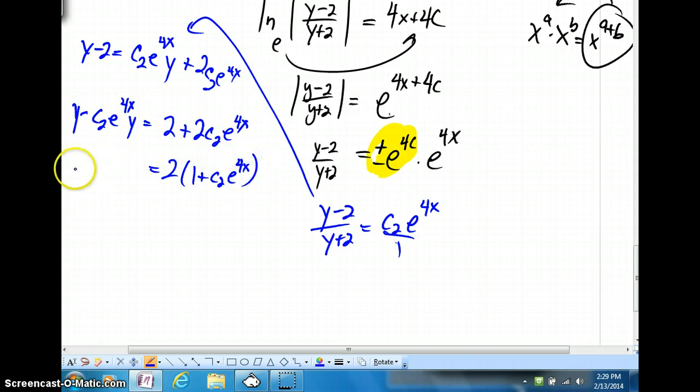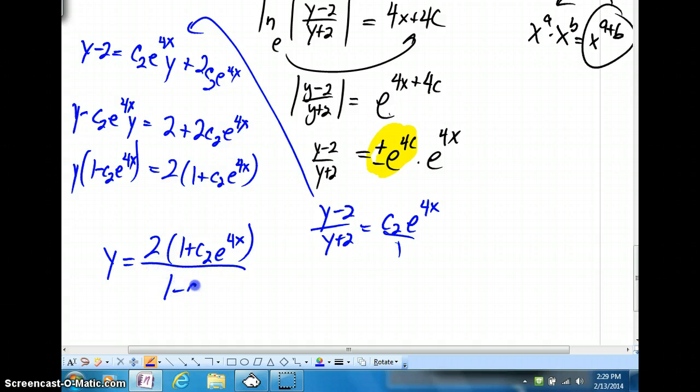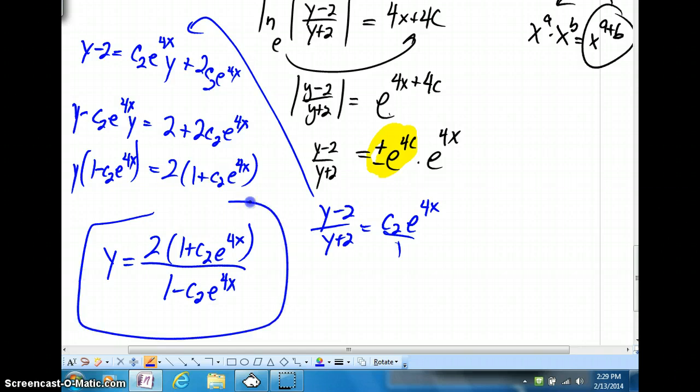We certainly could do that. How about over here, I factor out a y. And nice and simply, we come up with this explicit solution. Look at that. Looks wonderful, doesn't it?